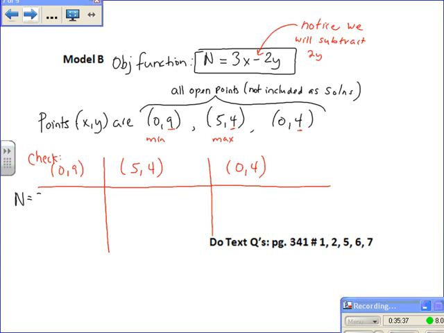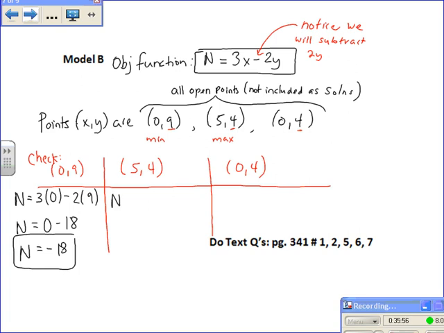For the first point, n is equal to 3 times x, in this case 0, minus 2 times y, which is 9. So n is equal to 0 minus 18, which is negative 18. That's the value of n for the first solution.